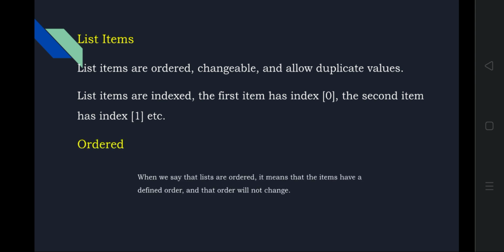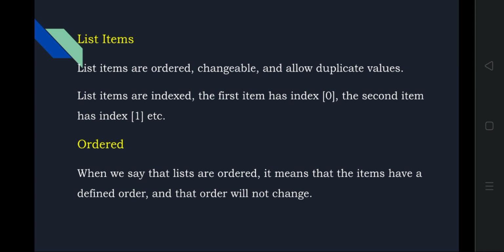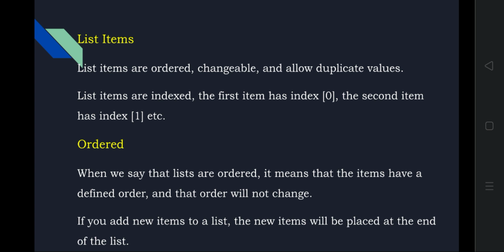Ordered means the items have a defined order and that order will not change. So that order has to be maintained. That is the nature of the list. And if you add new items, they will be added to the end of the list. They won't be inserted inside, they are added to the end of the list.